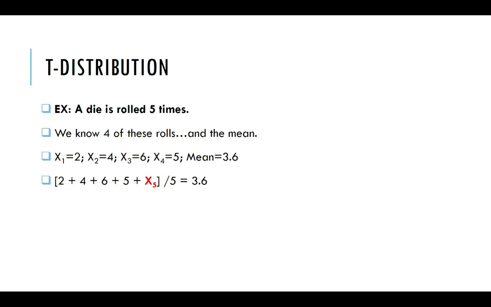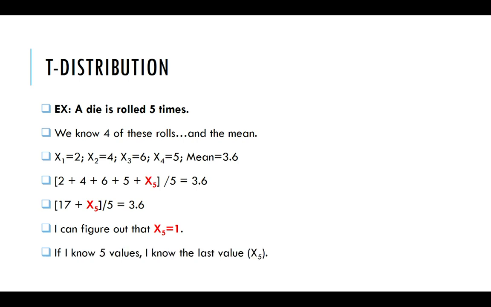So I'm just going to throw in my numbers here, add them all together, plus x5, that's the thing I'd need to solve for, and divide it by 5 because I'm taking the average, and I'm setting that equal to the mean that I know, 3.6. So I get (17 + x5) / 5 = 3.6. Well, if you do some simple math, you can figure out that x5 has to be 1. On my 5th roll, I rolled a 1.